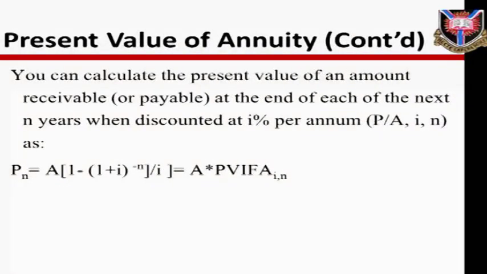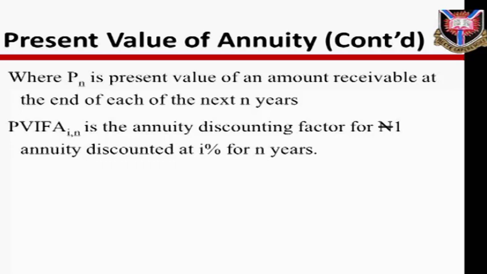You can calculate the present value of an amount receivable or payable at the end of each of the next n years when discounted at I percentage per annum, that is P over A at I interest rate for n years, as Pn equals A times [1 minus (1 plus I) to the power negative n] divided by I, which equals A times PVIFA at I interest rate for n years, where Pn is the present value of an amount receivable at the end of each of the next n years.